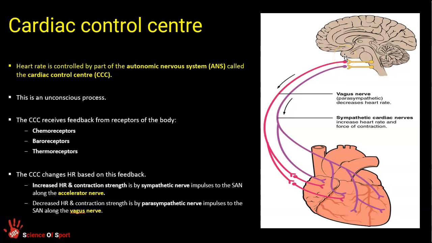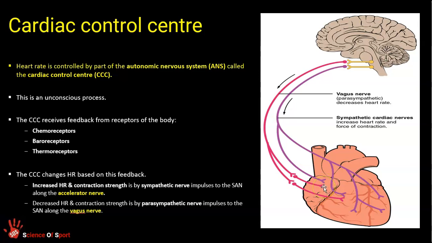If we've finished exercising and the levels of CO2 in our blood have decreased and the levels of oxygen have increased, this feedback goes to the cardiac control center, which would then go, right, we don't need heart rate to be as fast or as frantic anymore. I'm going to send impulses down the vagus nerve, which will inhibit heart rate.